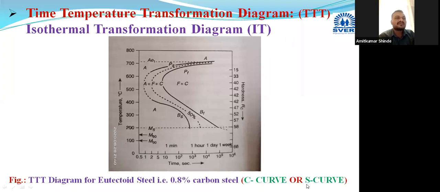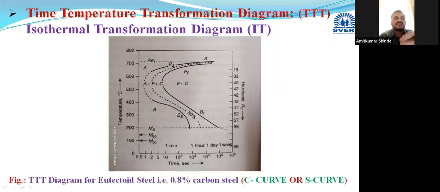Now, at each specific time interval, we are cooling one component. Means in some component we will get only martensite initially. From that we can note the martensite formation start temperature. Then in some samples, we will get martensite and suppose bainite. Then from that, we can note down the martensite finish temperature and bainite start temperature like this.